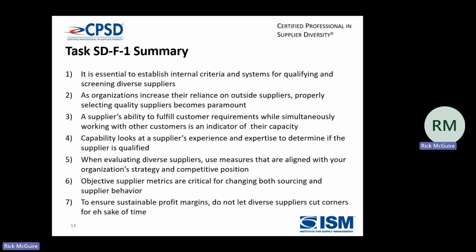When evaluating diverse suppliers, use measures that are aligned with your organization's strategy and competitive position. Objective supplier metrics are critical for changing both sourcing and supplier behavior. To ensure sustainable profit margins, do not let diverse suppliers cut corners for the sake of time.